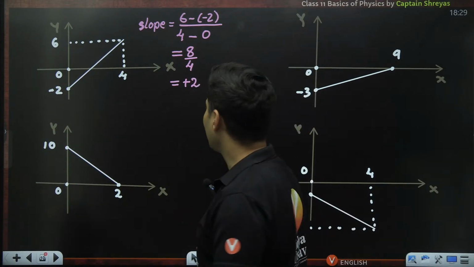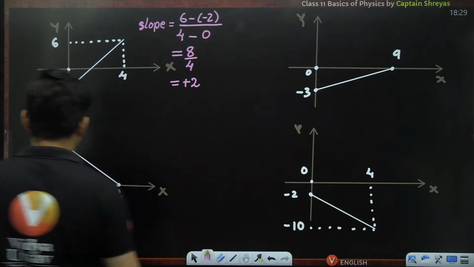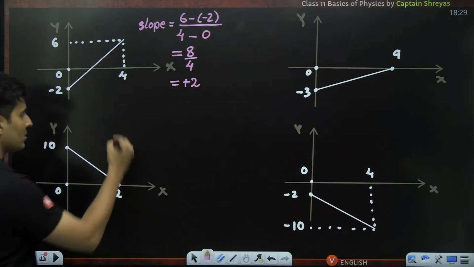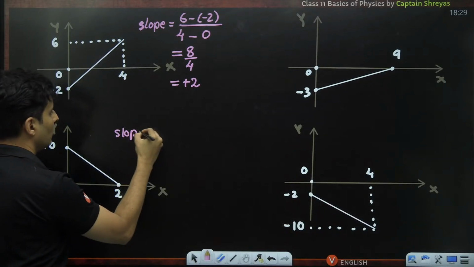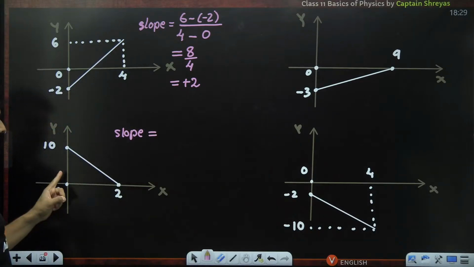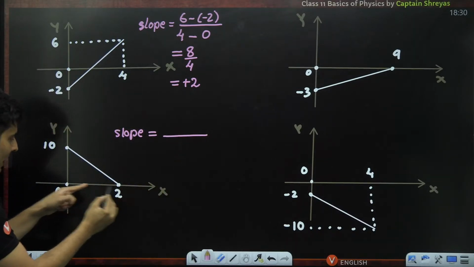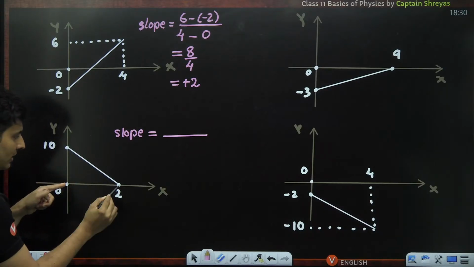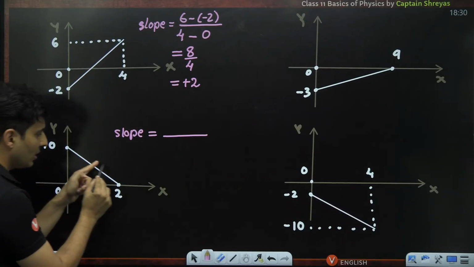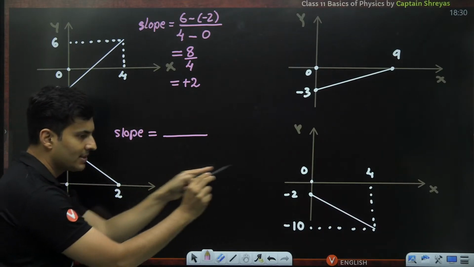Okay. Going on to the next problem, my dear students, here it is. What is the slope over here? Well, the change in y, meaning the final value of y, is 0. This is old, this is new. The graph always goes from the left side to the right side.